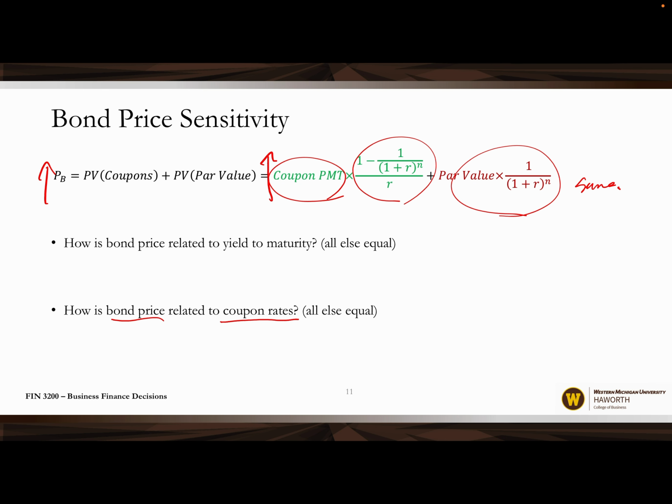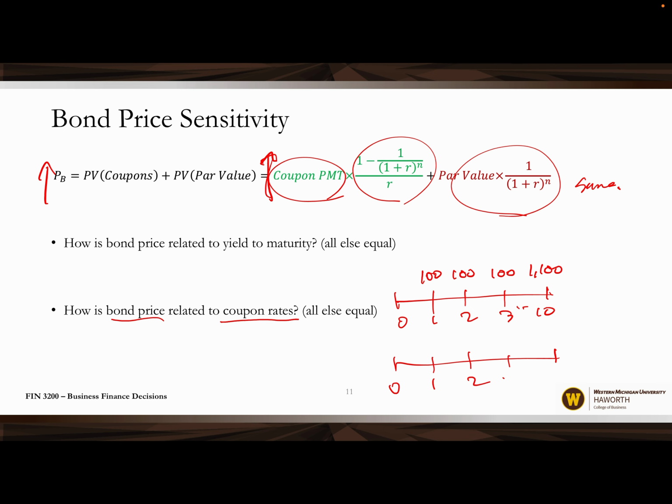Let's say the risk remains the same and the number of years remain the same, but a greater coupon payment means you're going to get more cash flow every single time.